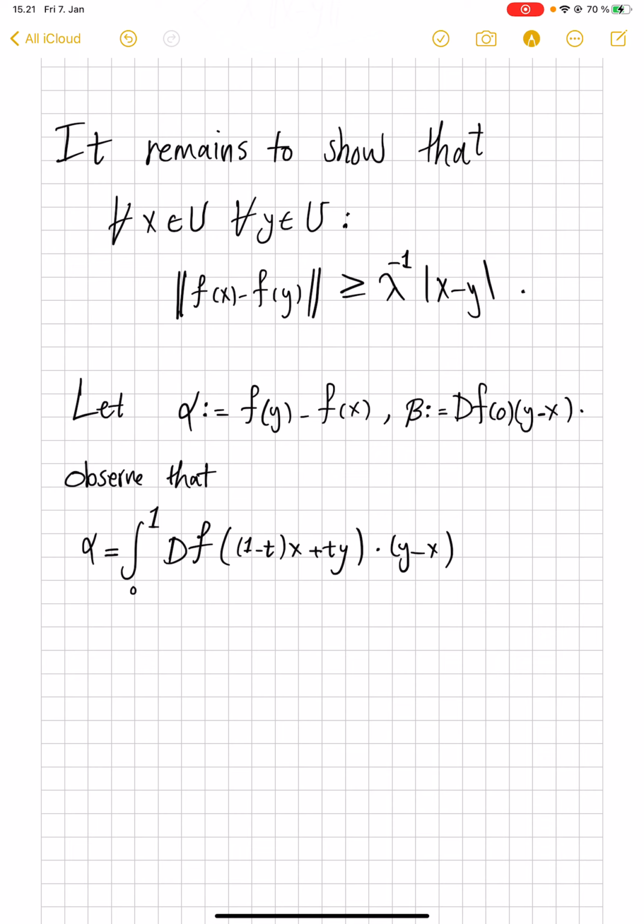This is the convex parameterization, applied to y minus x, dt. This is the fundamental theorem of calculus applied to the function f of (1 minus t)x plus ty, from 0 to 1 into Rm. If you apply the fundamental theorem of calculus, you end up with this identity.